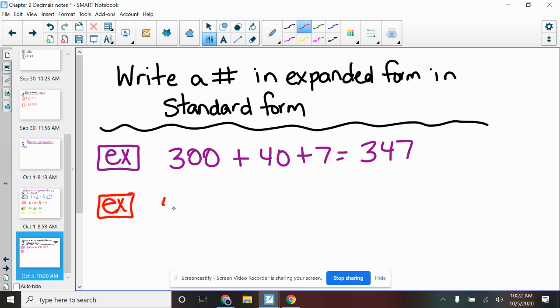Let's say that I have 50 plus 7 plus 0.9 plus 0.006. What's my number? I gave it to you in expanded form. You're going to give it to me in standard form. So I gave you some whole numbers and some decimal numbers.